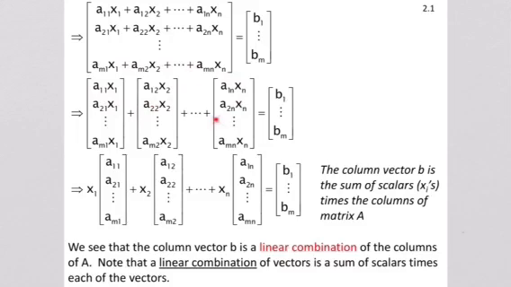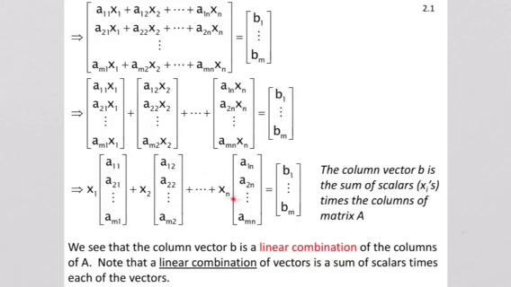Each of those is a column of the matrix A: the first column of A times a constant x1, the second column of A times x2, and the nth column of A times xn.